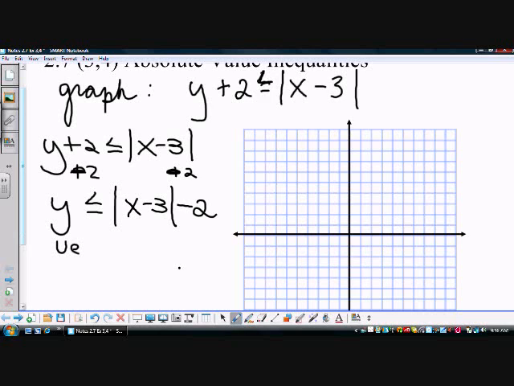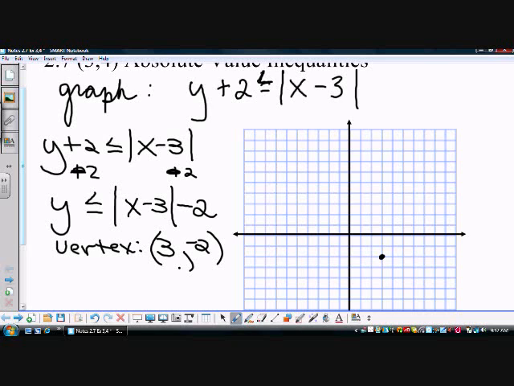So my vertex is at positive 3, comma, negative 2. Okay, so I'll graph the vertex. Positive 3, negative 2. There we go.